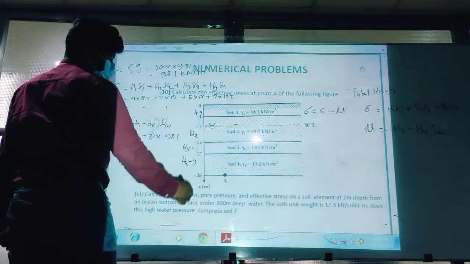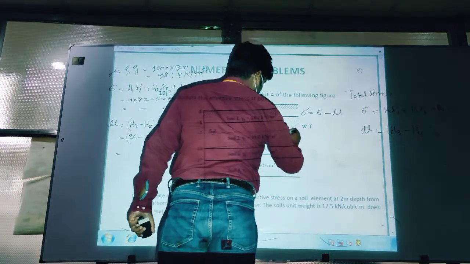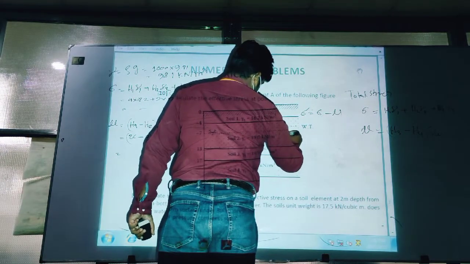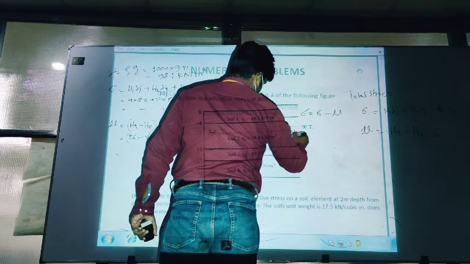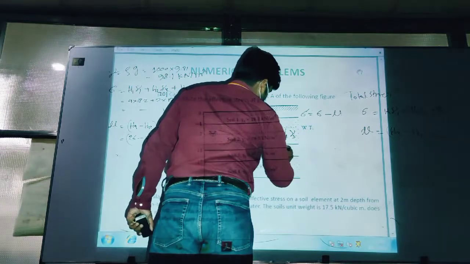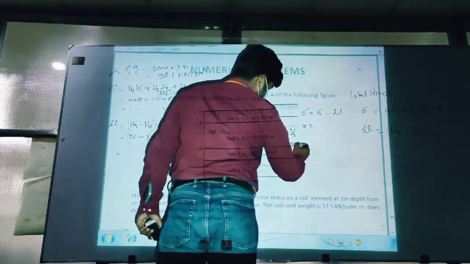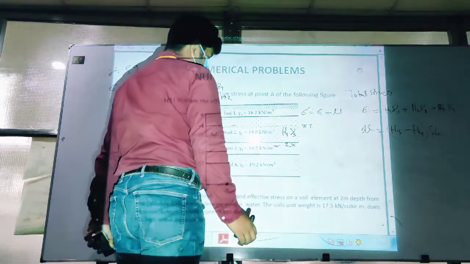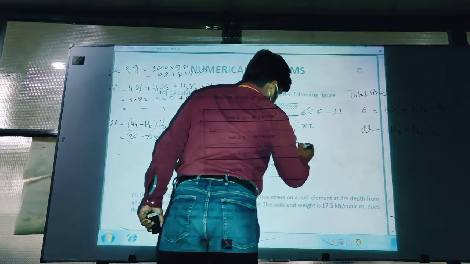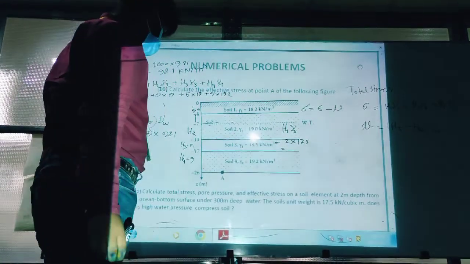Another map for this map, H1 gamma S, for H1 meter into gamma S. The soil unit weight is 17.5 per unit of depth.